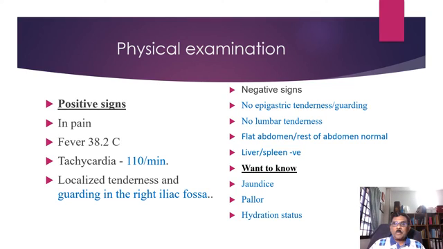Rest of the abdomen was normal. Liver and spleen were not enlarged. We want to know a bit more about other signs: whether he was jaundiced, whether there was pallor, and we would like to know about his hydration status, which are not provided in this case.